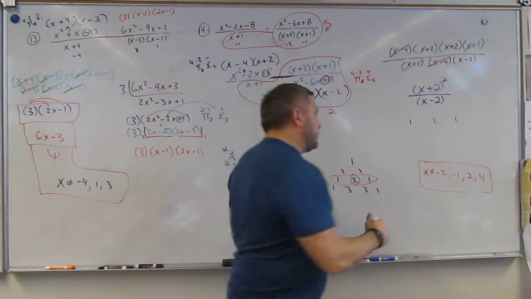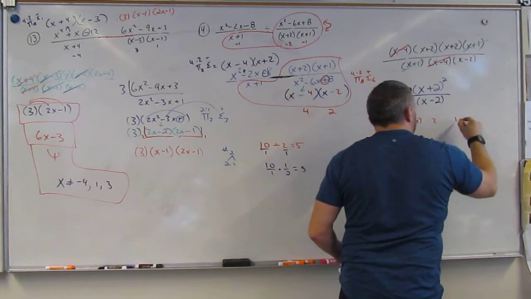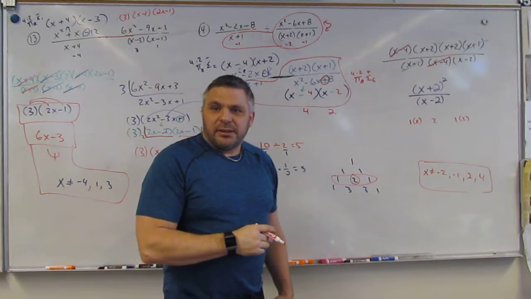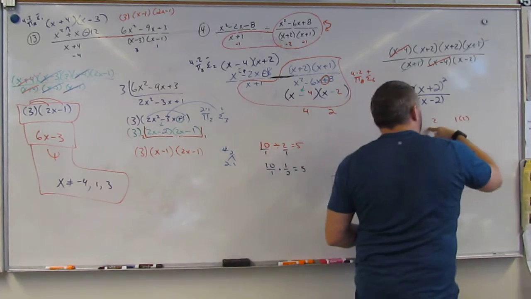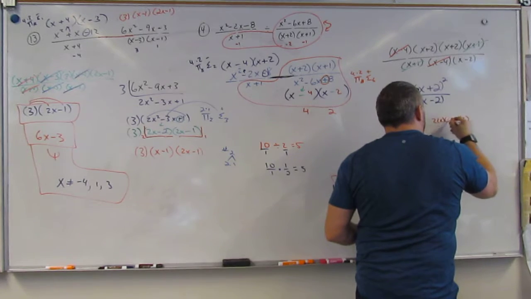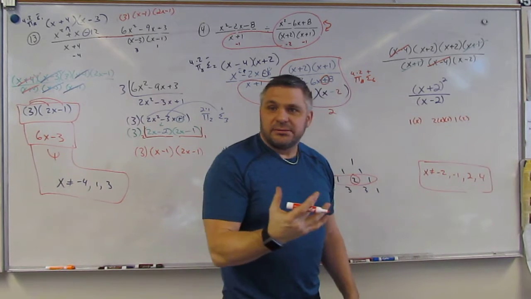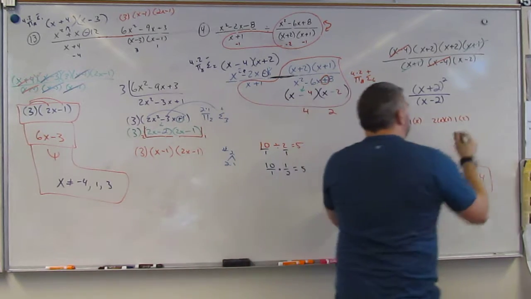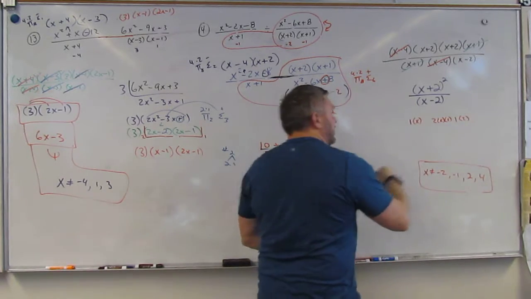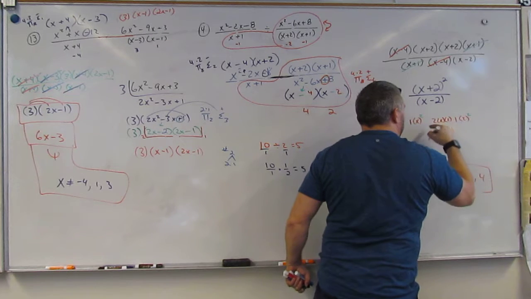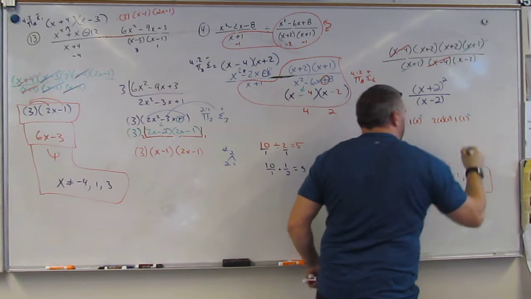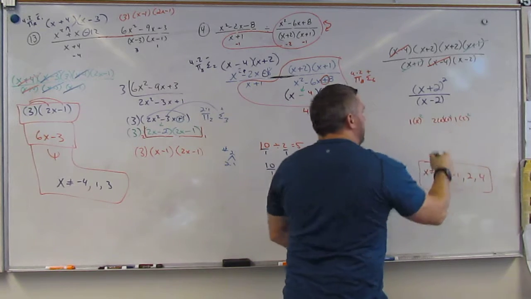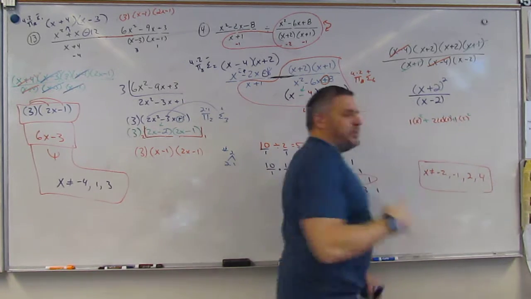There's 1 times x, there's 1 times 2, and then there's 2 times x times 2. And then this is squared and this is squared, and then this has a 1 and this has a 1, because it goes 2, 1, none, 2, 1, none. And these are pluses in between them, right?